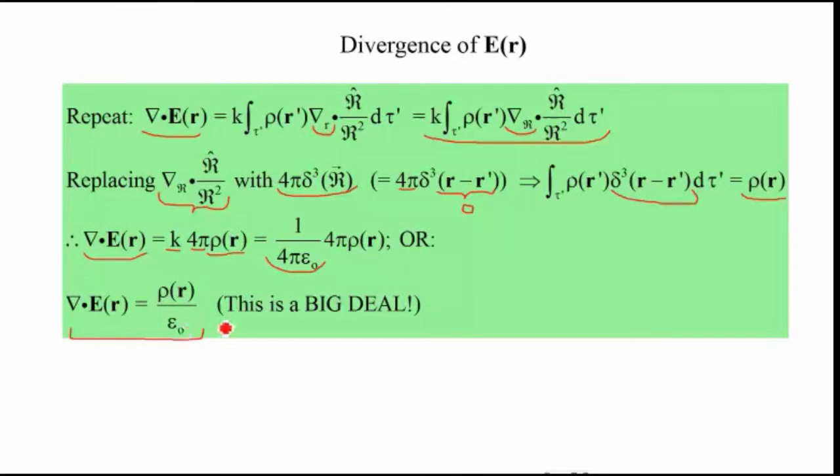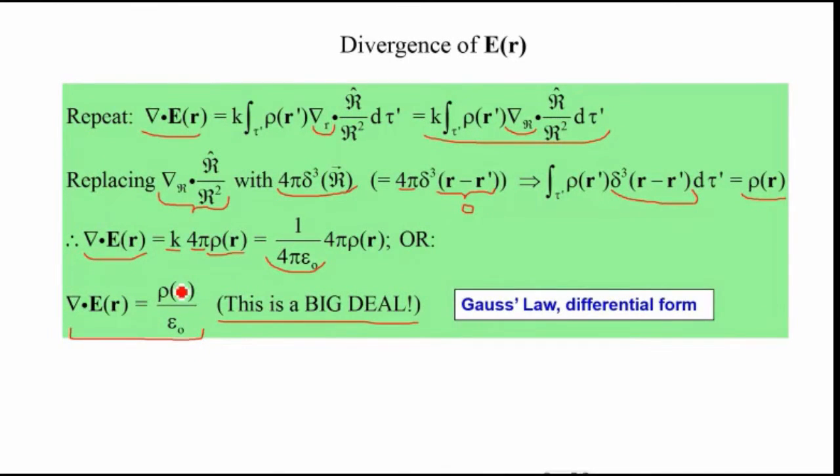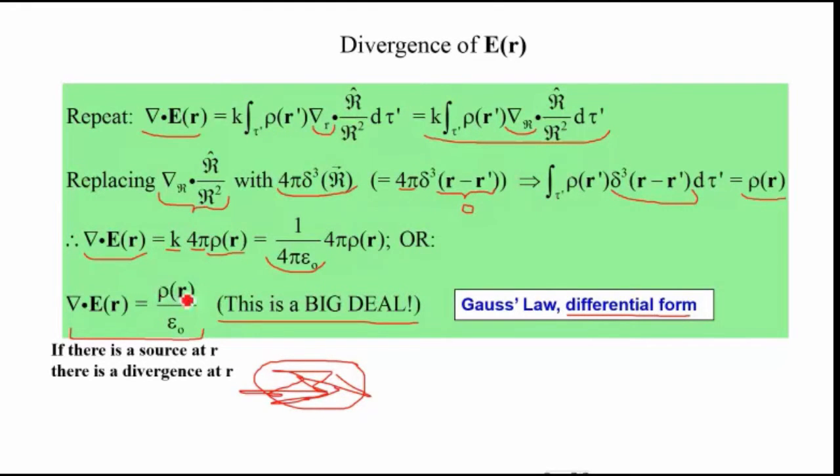And I put here that this is a big deal. Later we'll find that this is one of the Maxwell's equations. This has another name. It's called Gauss's law, the differential form, and so we'll refer to it as that also. What you see here is if there is a source function at the point r, so if there is some charge there, whatever value that has at the position r will give us a non-zero divergence.